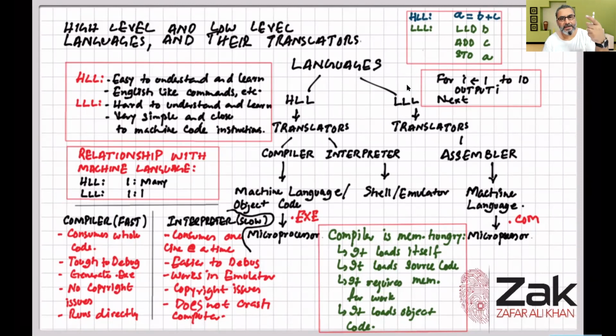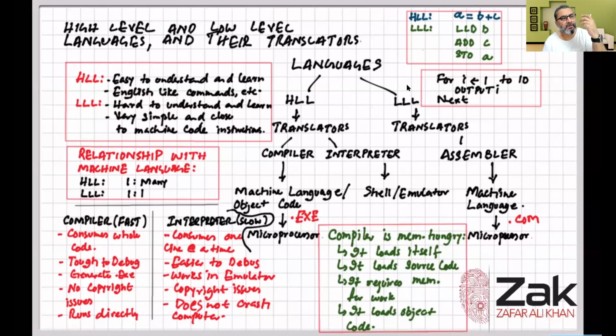So it is loaded itself, then it loads the source code, then it requires the space to convert that source code into the machine code, and ultimately the object code or the machine code is also loaded. When the compilation is happening, the computer requires a lot of memory.